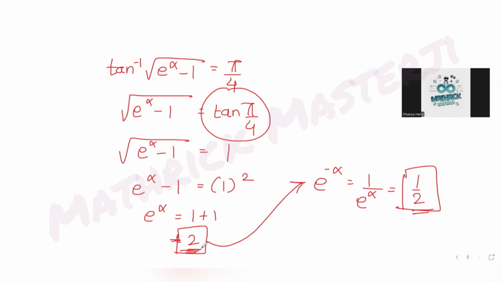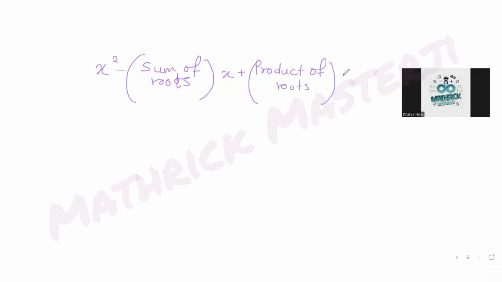So if they are the roots of the quadratic equation, let's say this is alpha and this is beta. So if I have alpha and beta, my quadratic equation is given by x square minus sum of the roots into x plus product of the roots equals 0.